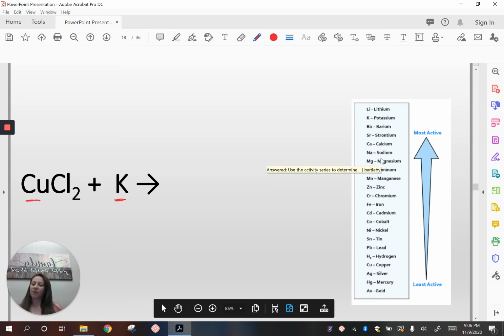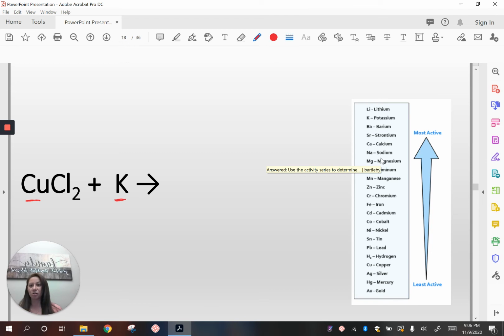If you have a very reactive element, it's going to react with something else so that it combines and forms a compound. If you have a pretty stable, not reactive element, it's happy the way it is, so it's not going to want to combine with other elements.